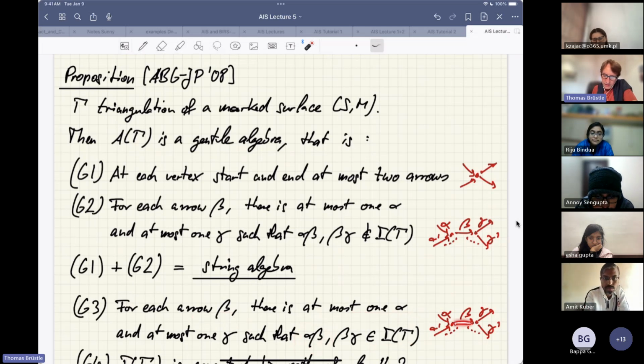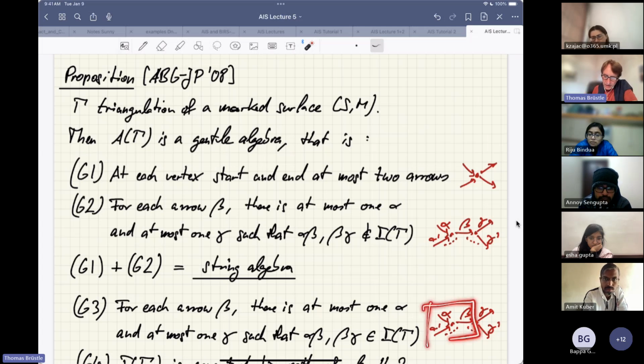So if I have an arrow beta and there's two arrows alpha and alpha prime going in, then before we said there must be at least one relation. So there's only one product surviving, but now we say there's also at most one relation. So there is exactly one relation.